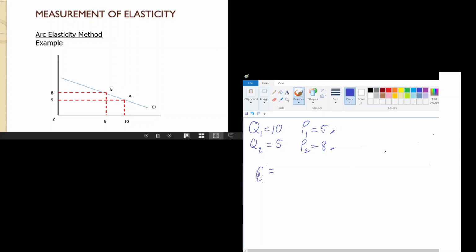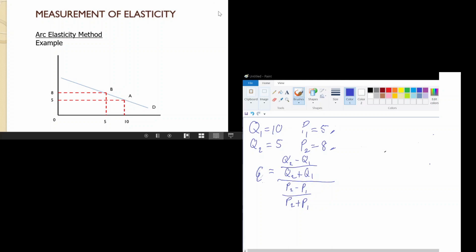Okay, so own price elasticity. Sabi natin kanina, the formula is Q sub 2 minus Q sub 1 over Q sub 2 plus Q sub 1, all over P sub 2 minus P sub 1 over P sub 2 plus P sub 1. Huwag kakalimutan to, guys.